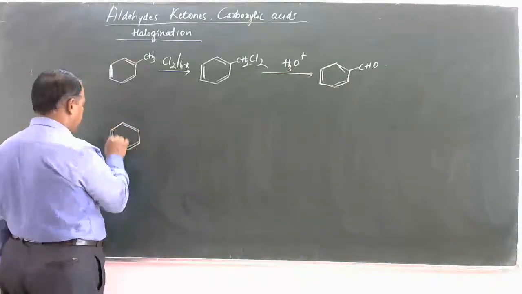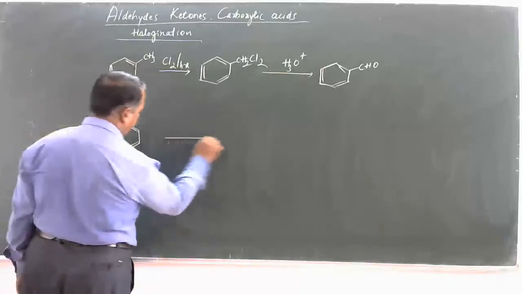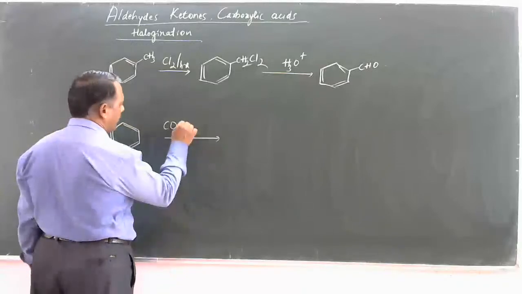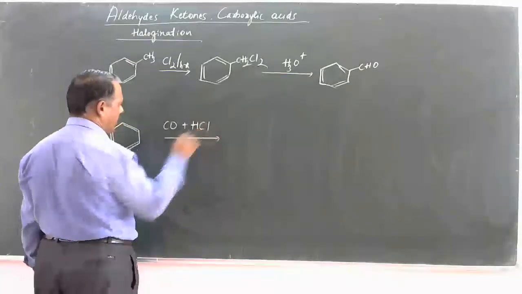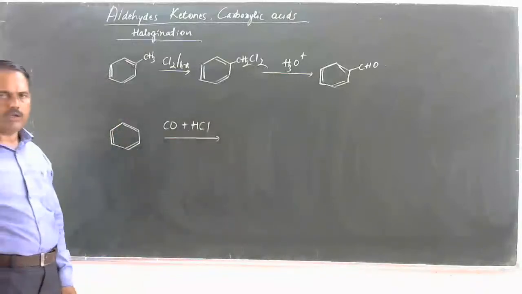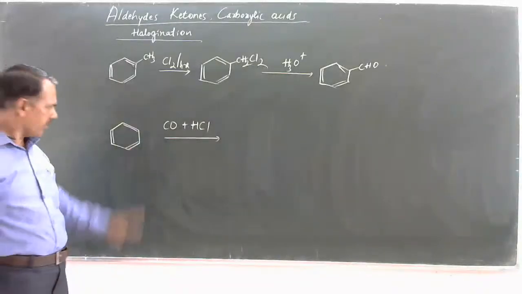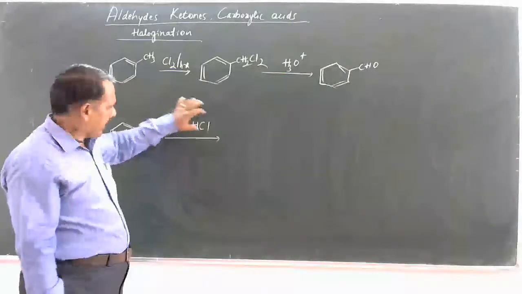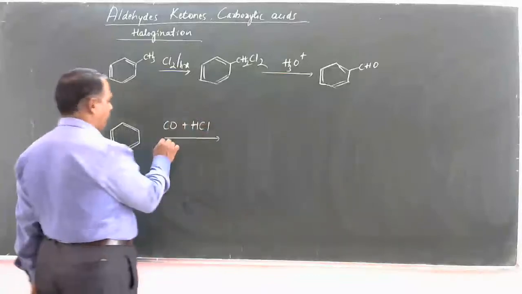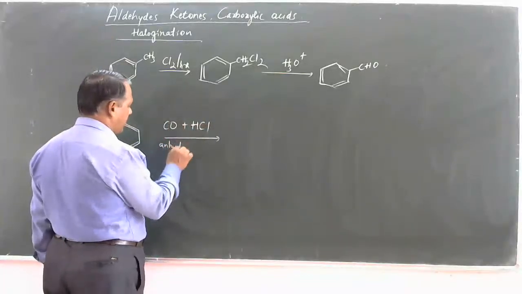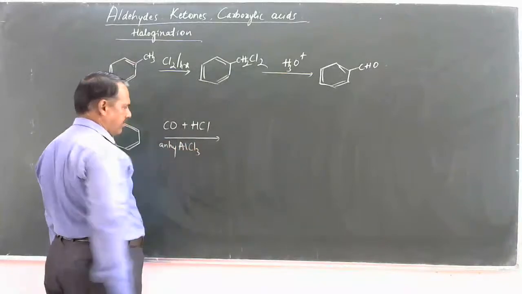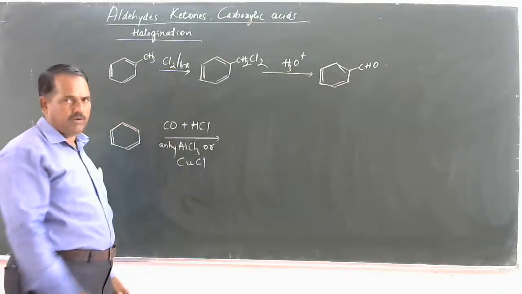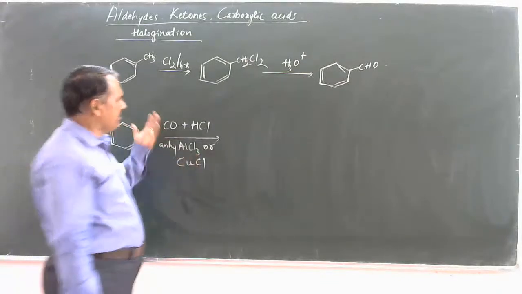Again, a derivative of benzene, that is benzene only. When benzene is treated with carbon monoxide and hydrochloric acid in the presence of anhydrous AlCl3 or CuCl, cuprous chloride, benzaldehyde is obtained.